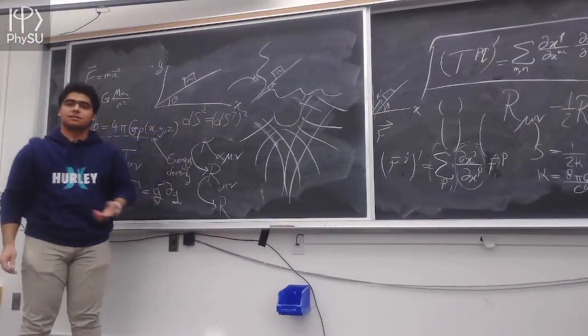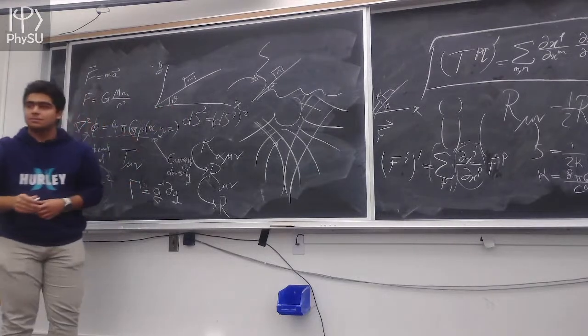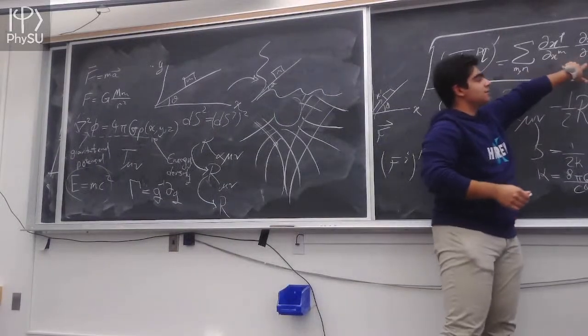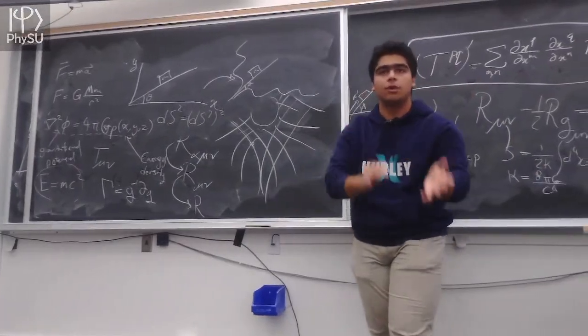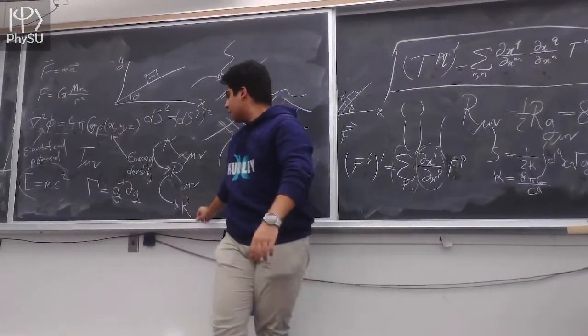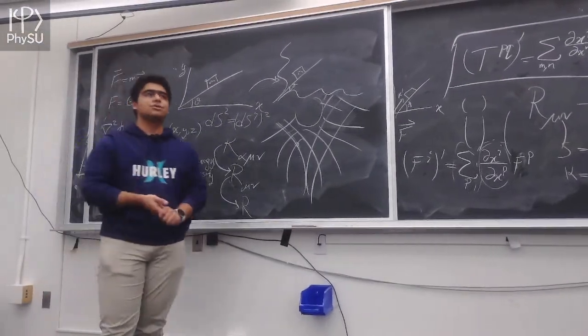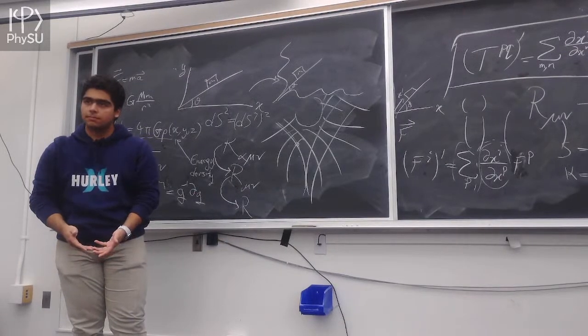The geometry is the same. You can't use the same xy coordinates, but because you have a transformation rule, you can calculate these coefficients, and they would allow you to know how the tensor transforms from one to the other. So in a physics way to think about it, tensors allow us to build frame independent equations.